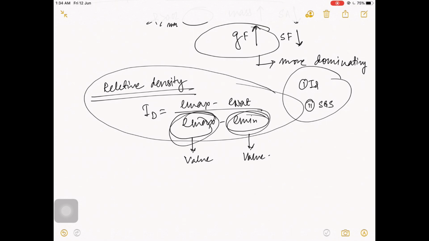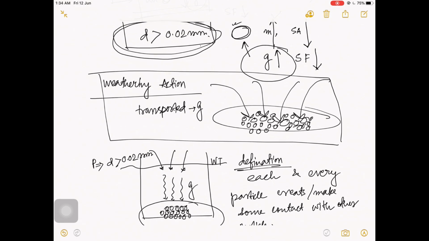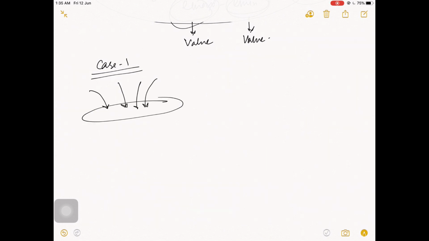Before saying this, I am going to tell you one more thing. Suppose one of you asks me, sir, when this settlement happens, there may be two cases. Case 1: due to gravity, soil settles here very close together, with less void, so void ratio is minimum.